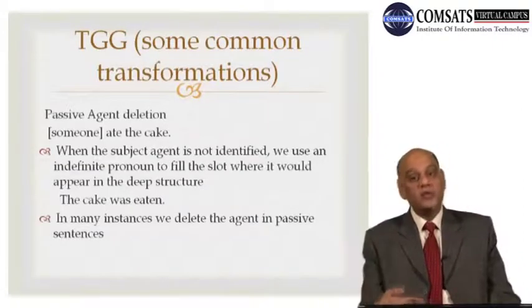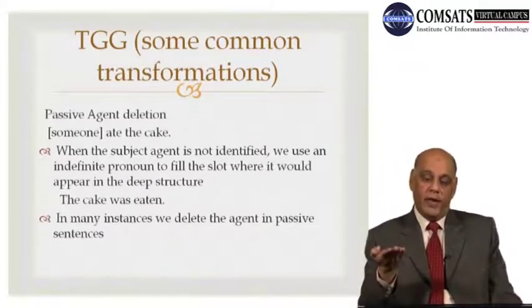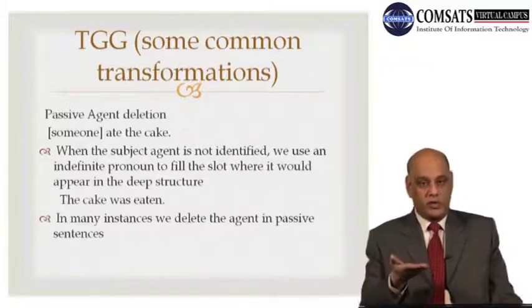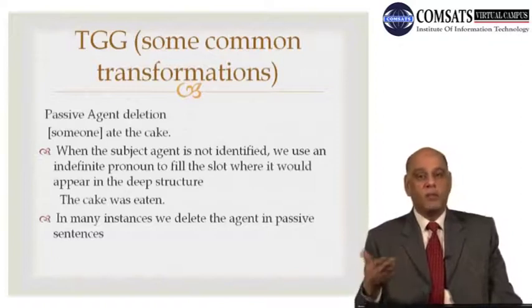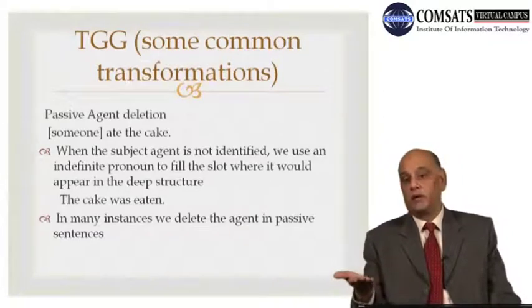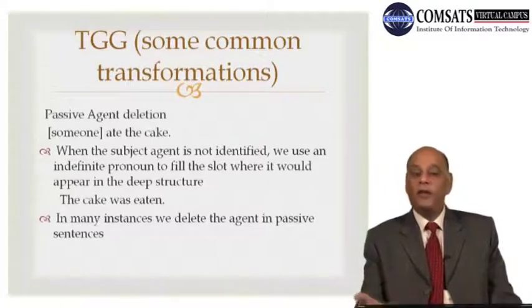But when such structures are studied in depth, when you look at the deep structures, how we get the surface structures like passive voice structures, we see no agent, but there must be an agent, there must be something or some person that did that action. So the cake was eaten.